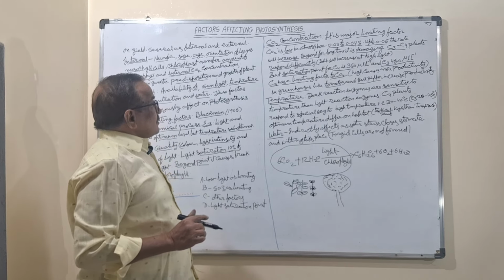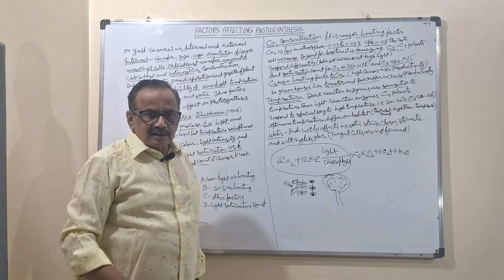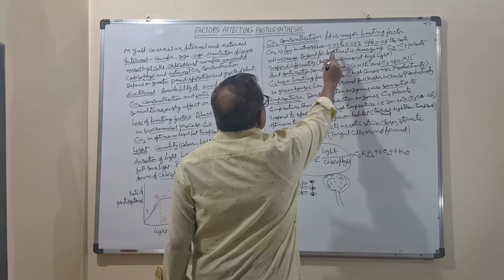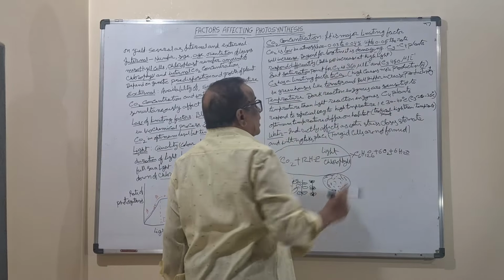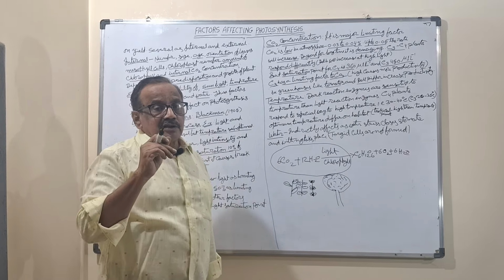Because carbon dioxide concentration is less in the atmosphere. How much is it? 0.03 to 0.04% is present. But oxygen concentration is 21%. Remember it.